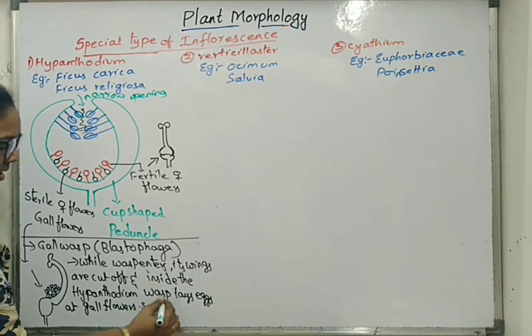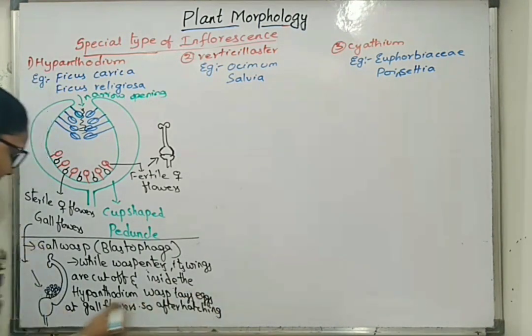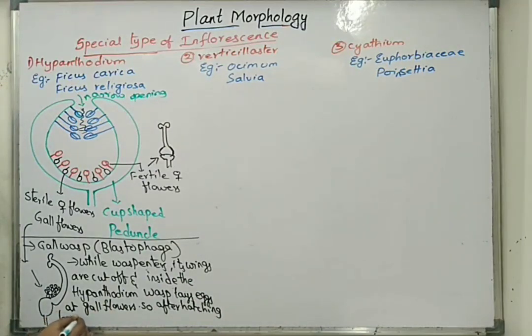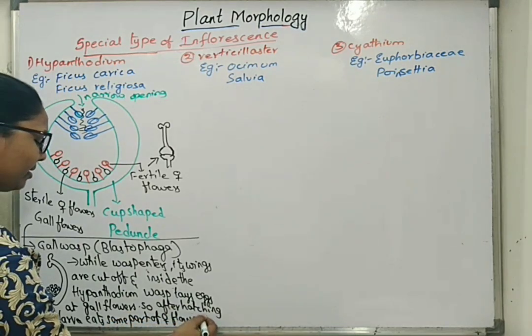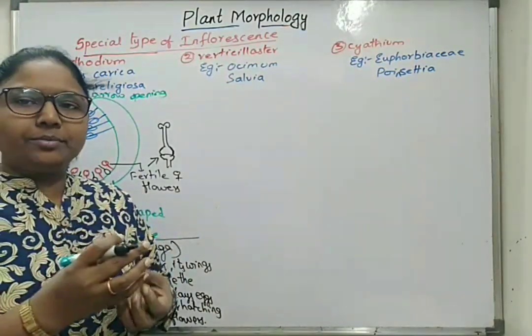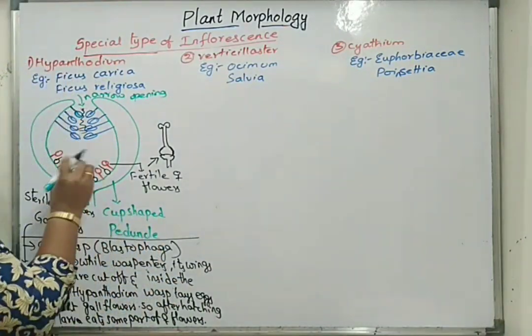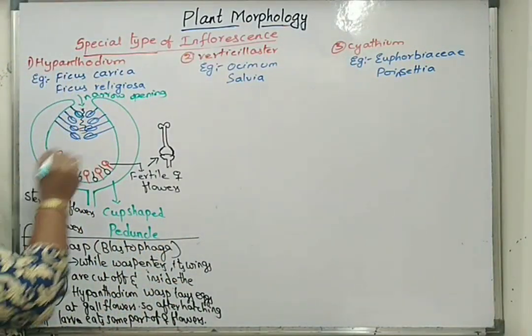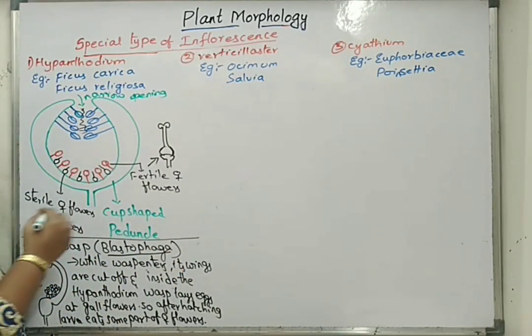So after hatching, the larva eats some part of the female flowers. Sometimes when we open the ripened fig or fruit of this Ficus carica or Ficus religiosa, we can see some remnants of this dead insect, this dead Blastophaga wasp.